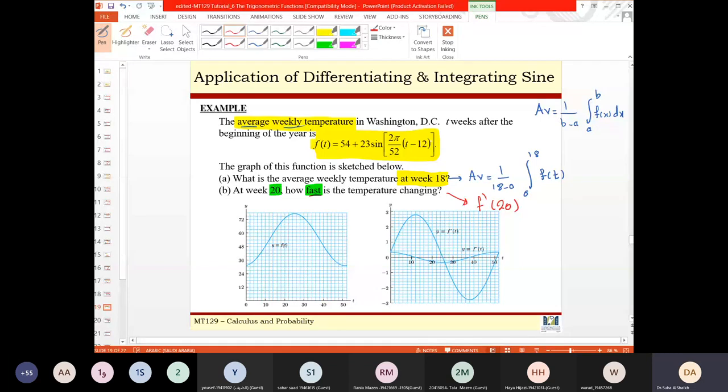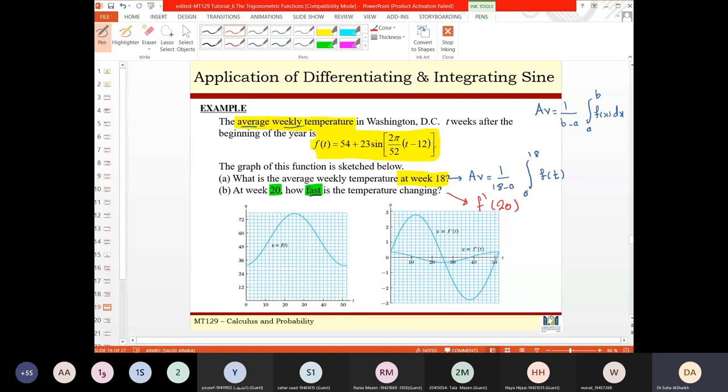The most important thing in calculus is that you know how to read the question correctly. In part A it didn't tell me to find the integration, but I knew because it asked for the average value, right? And in part B it didn't mention the derivative, but I know because they said how fast. The previous question asked for the maximum value and the minimum value, so I know that maximum and minimum mean I'm talking about the derivative equal to 0.